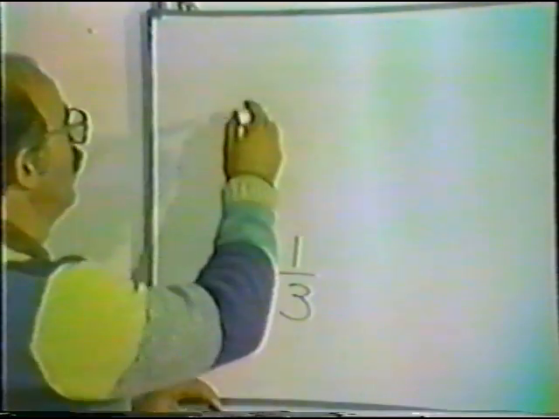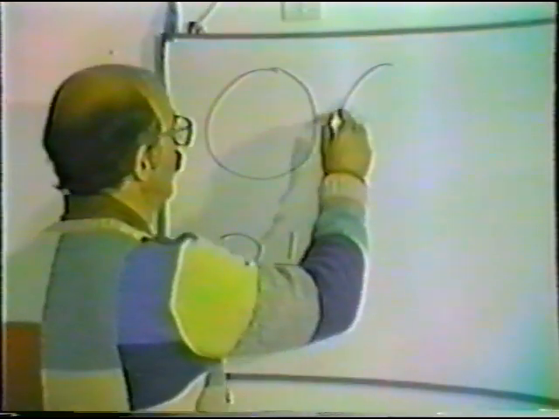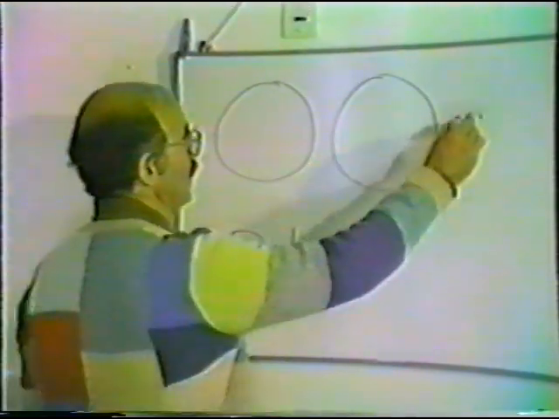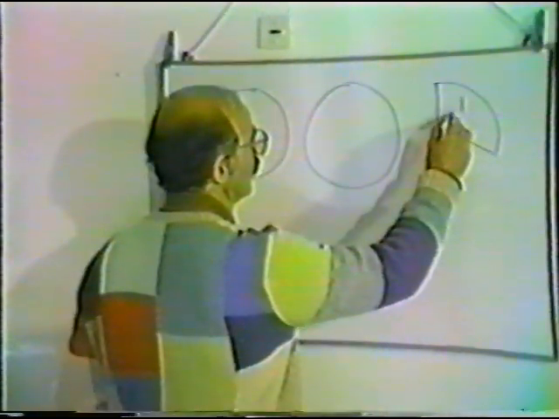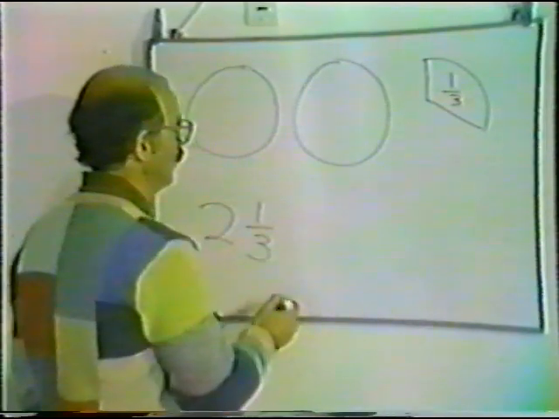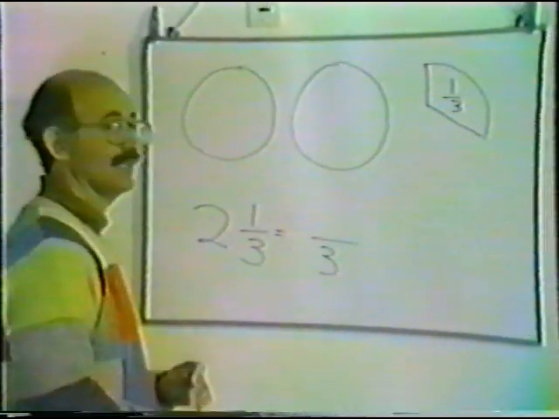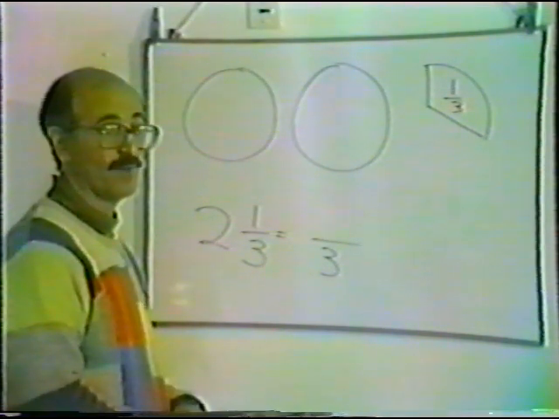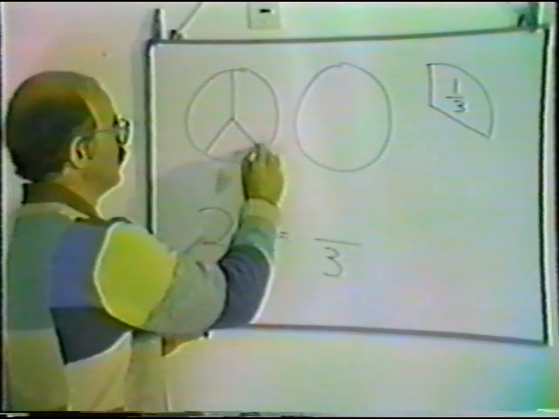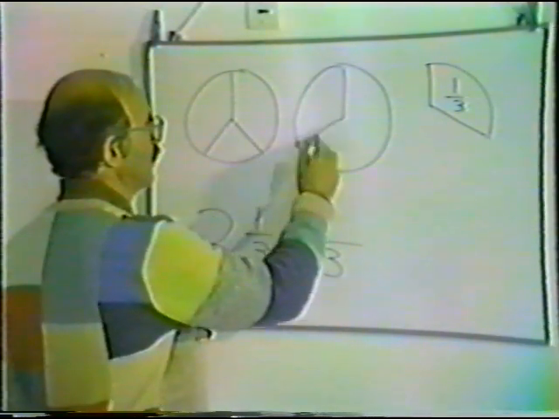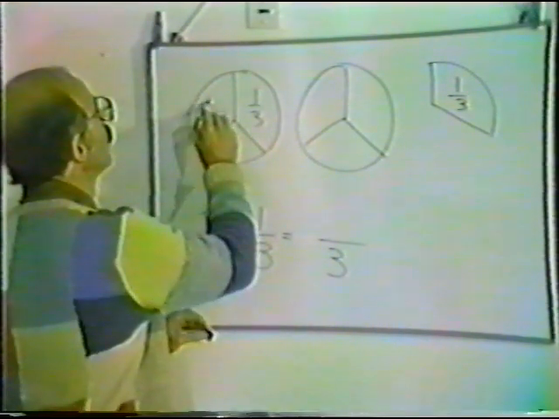2 and 1/3. 2 whole pies and 1/3 of another pie. We want to find out how many thirds that would be if we cut up these 2 pies into thirds. 1/3, 1/3, 1/3.